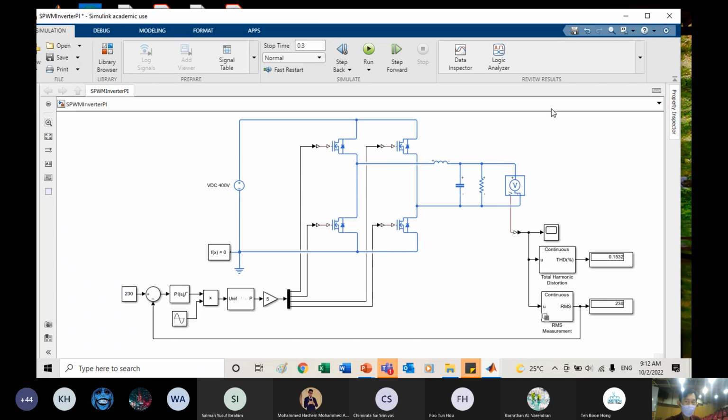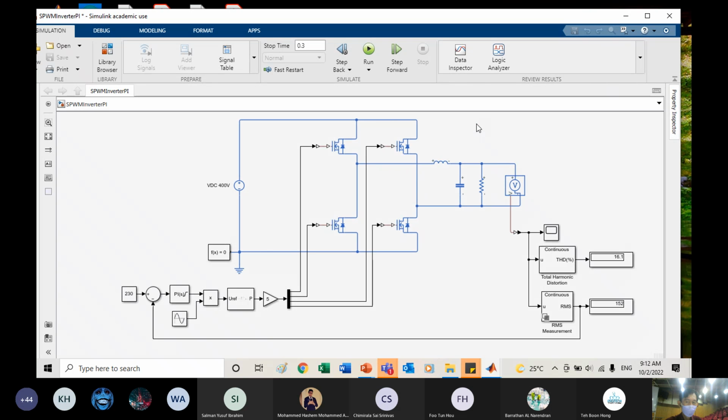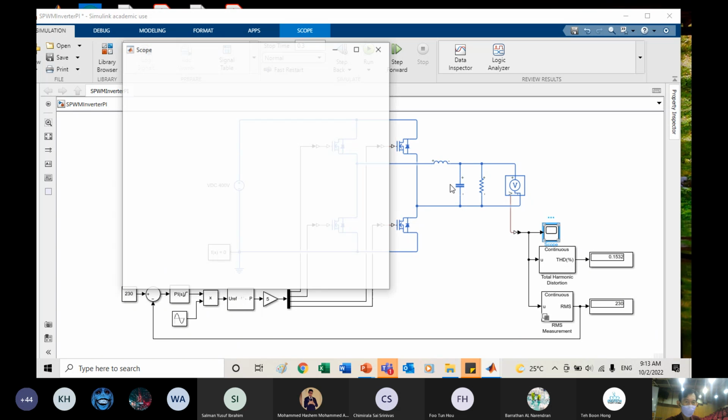So if everything is okay, you run this. And you will see that your voltage slowly goes up and achieves the desired output.